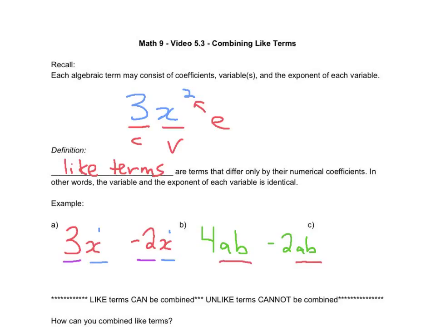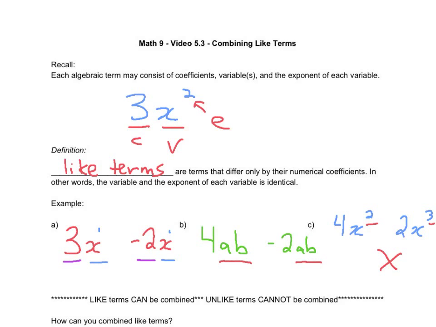And one last set that you can look at here is 4x squared and 2x cubed. Is that a set of like terms? Well, no, actually it is not, because this 2 is different than the 3.